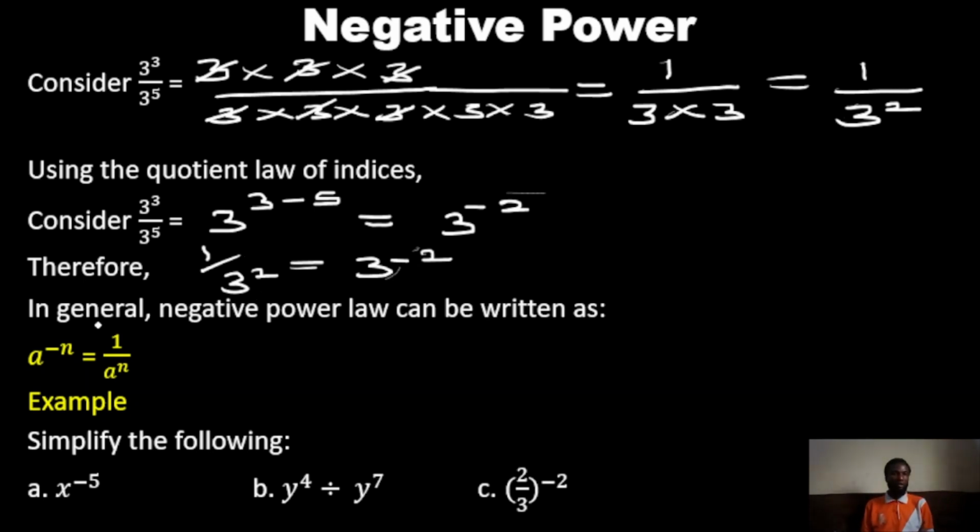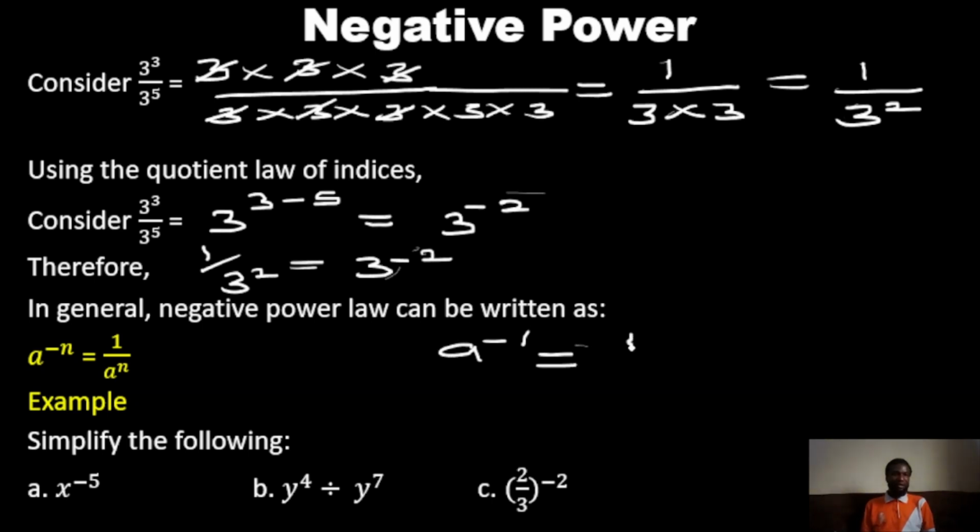In general, when you have a negative power, we can simply take the inverse of that base over the power. For example, if you have a raised power of minus 1, in this case the value of n is minus 1. What do we do? We take the inverse of a.